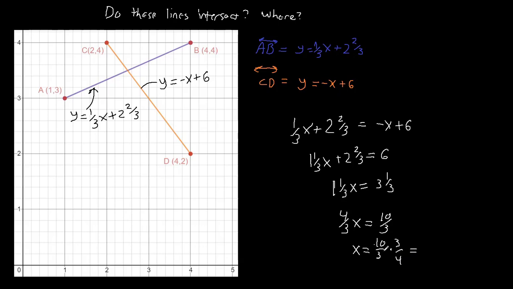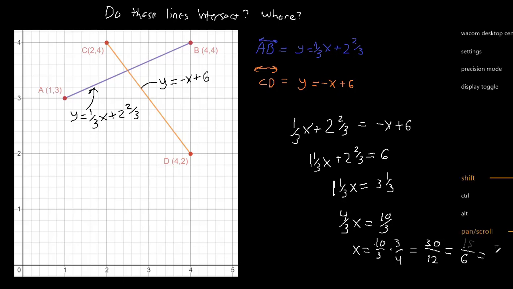When you multiply fractions, you don't have to worry about common denominators. You multiply the top and multiply the bottom. So this is going to be 10 times 3, which is 30, over 3 times 4, which is 12. We can reduce this slightly. We can divide everything through by 2 to get 15/6. Let me move over a little bit so we have a little more room here.